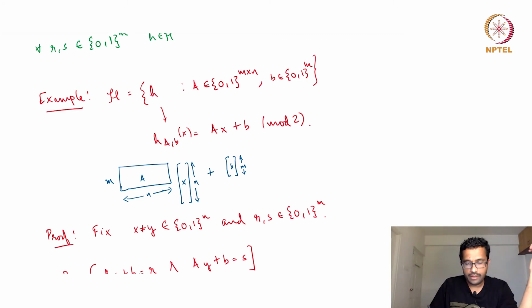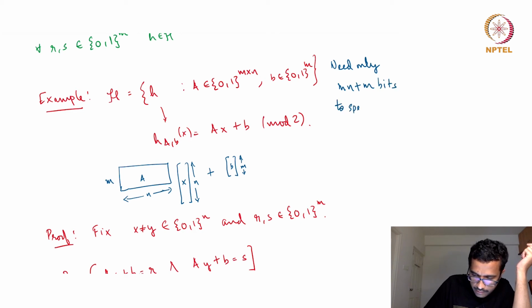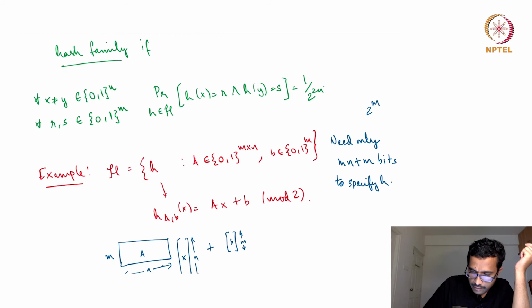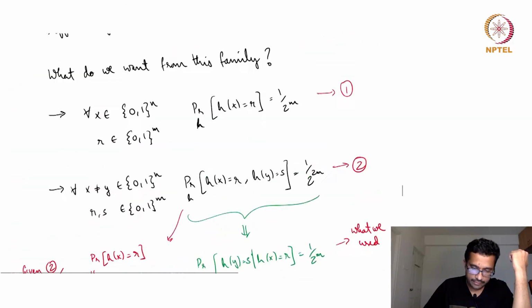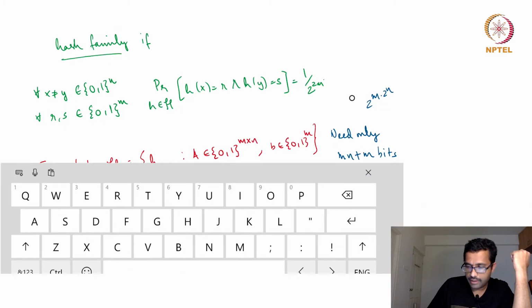Once we fix A and B, the function h is fixed, and we require only mn bits to specify A and m bits to specify B. So we need only mn plus m bits to specify h. Earlier the number was something like 2^m multiplied by 2^n, so this was very high, and now we are seeing that it can be much smaller.